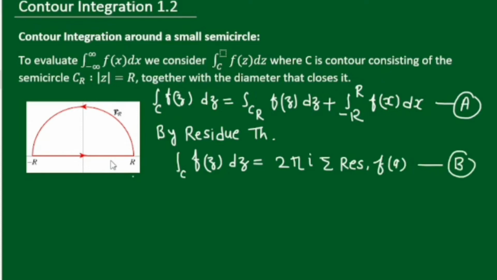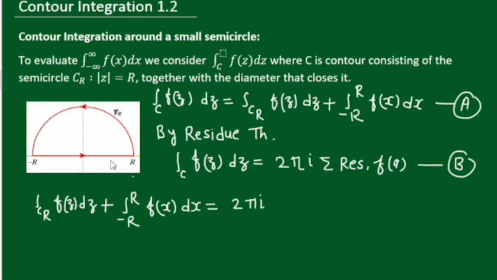Call it equation B. From these two equations A and B, we can conclude that the integral over C_R of f(z) dz plus the integral from minus R to plus R of f(x) dx is equal to 2 pi i times the sum of the residues.